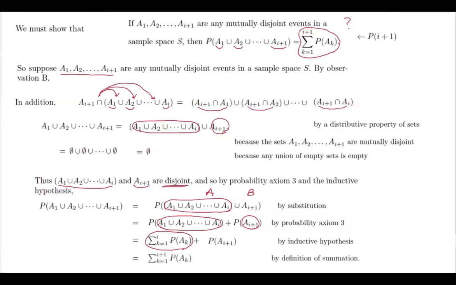If you combine this together using summation, you get the sum of the probability of A sub k, k from 1 to i plus 1. So we just showed that P of i plus 1 is also true. So by the method of induction, we just proved this statement.